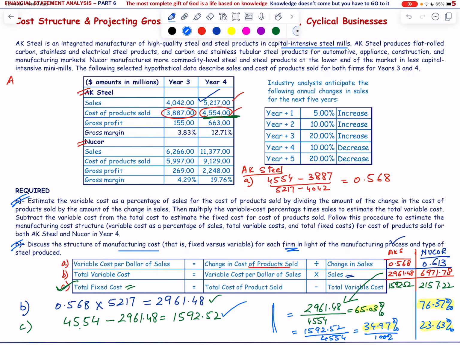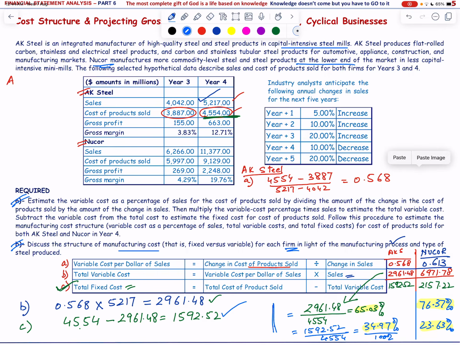Nucor is at the lower end of the market, and AK Steel operates in the higher end of the steel market. So this positioning allows AK Steel, because they are into capital intensive and they are into higher end of the steel, so they command higher selling price for its steel and steel products.